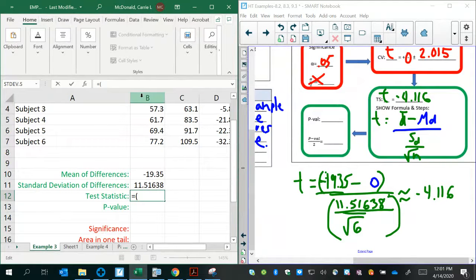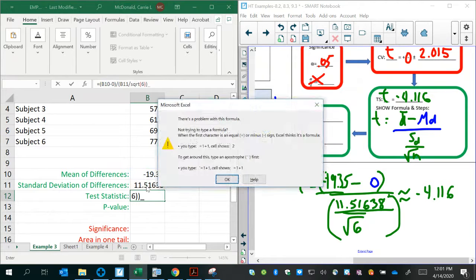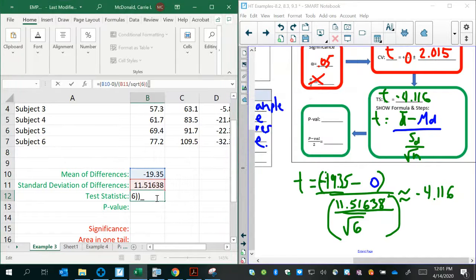I'm still going to want to contain my numerator, but it's the sample statistic minus the claimed mean divided by the sample standard deviation divided by the square root of n. I have a little extra underscore that I hit by accident. Let me fix that. There we go.